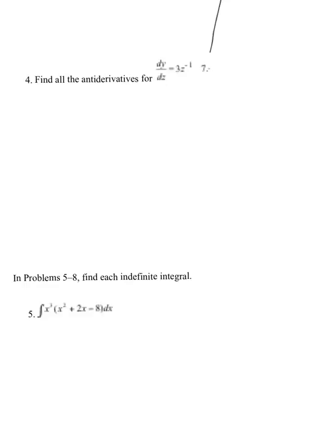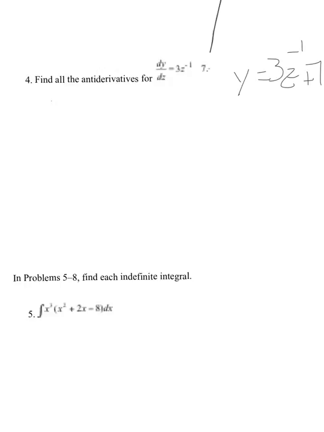So this would be as if the original function, or the function that we're trying to integrate, was y equals 3z to the -1 and plus 7 on the end. Okay? And so what we're trying to do is integrate that.